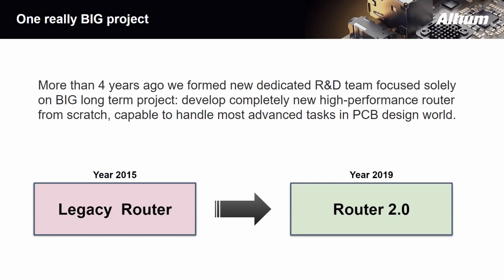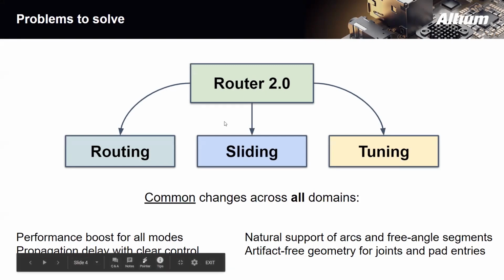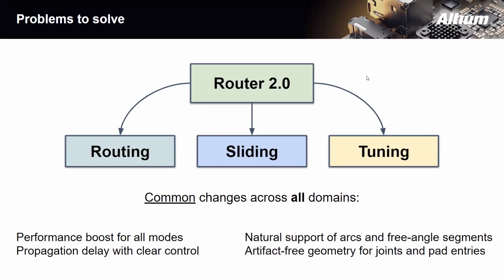It's been a while, and now there are, let's say, four main domains: the router itself and some subdomains of the router, which are mostly influenced by the recent changes.